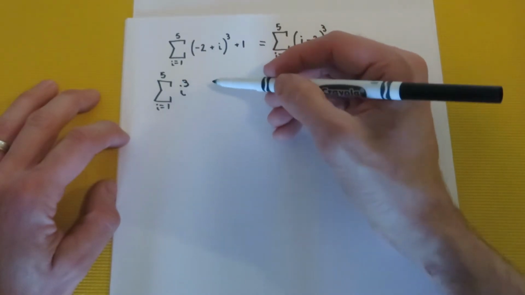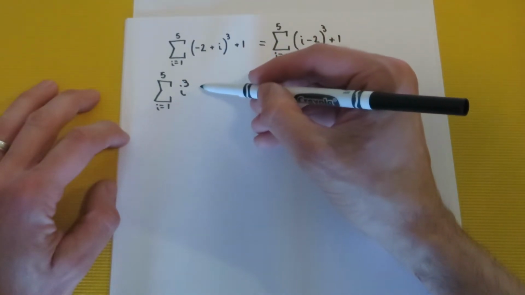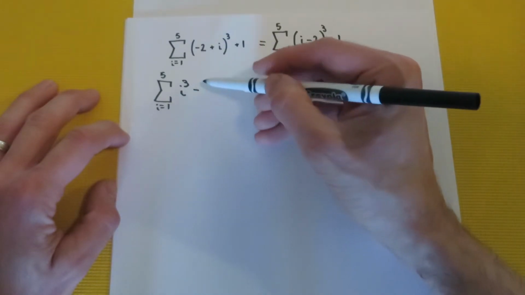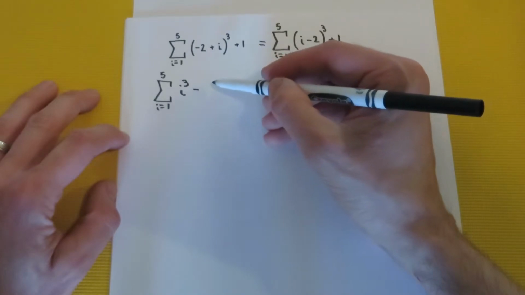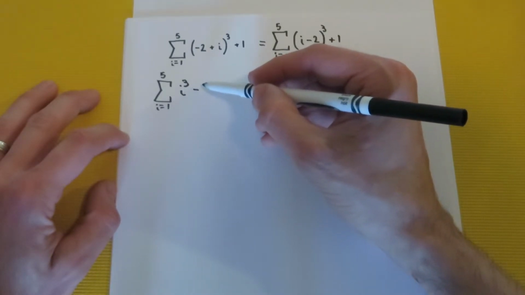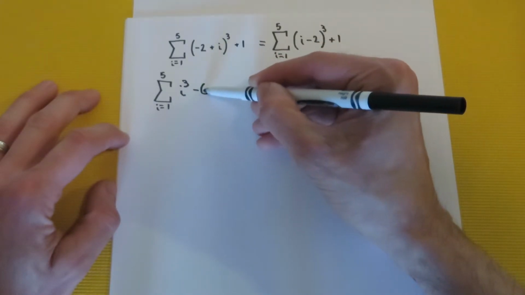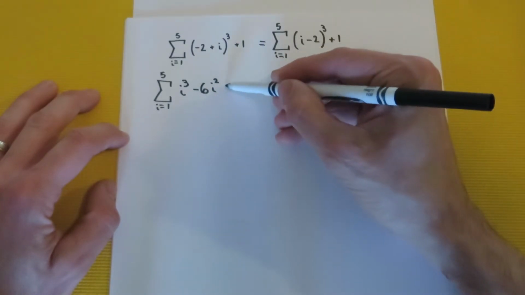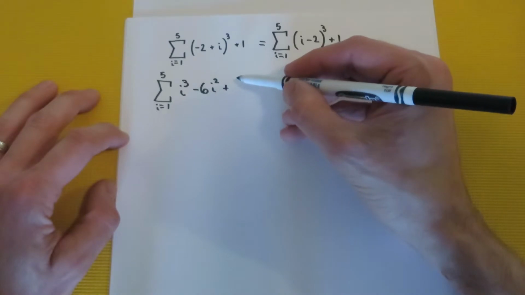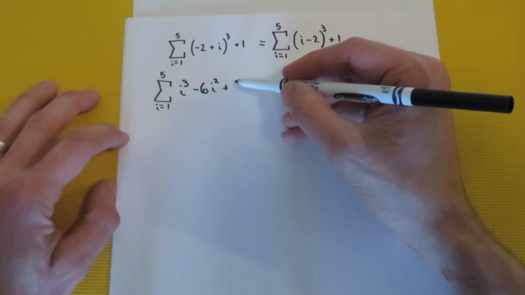This is going to equal i^3 minus 3 times i^2 times 2, which gets us minus 6i^2, plus 3 times i times negative 2 squared.